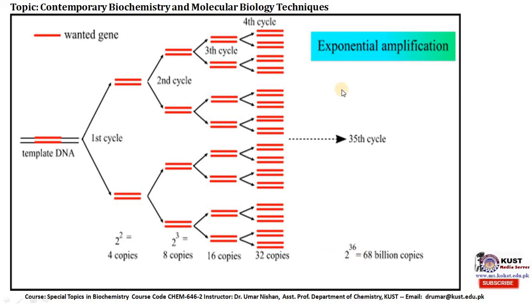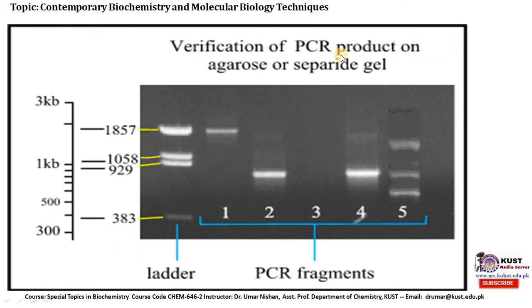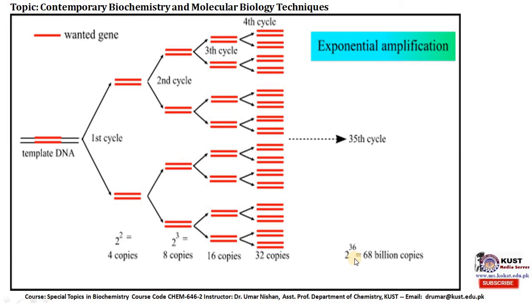So as a result of 36 cycles, this exponential amplification of the PCR will result in 2 raised to the power 36, which is equal to 68 billion copies of the DNA. So this is how this amplification of the DNA will take place in such an exponential manner.